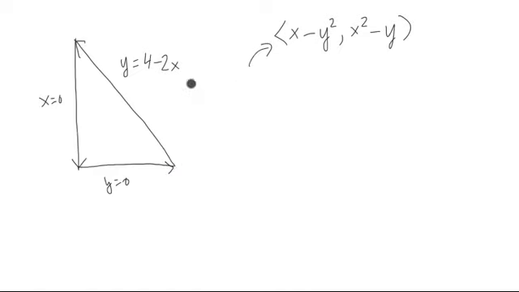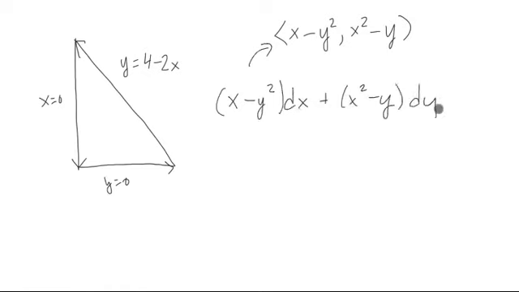All right. So first of all, let's write down this vector field as a differential one form. So (x minus y squared) dx plus (x squared minus y) dy. Now we're going to do this exterior derivative idea where we take d of this and d of that.